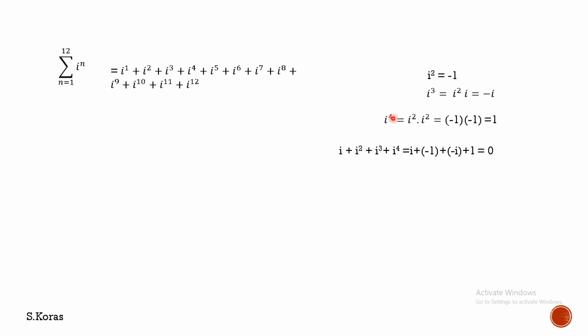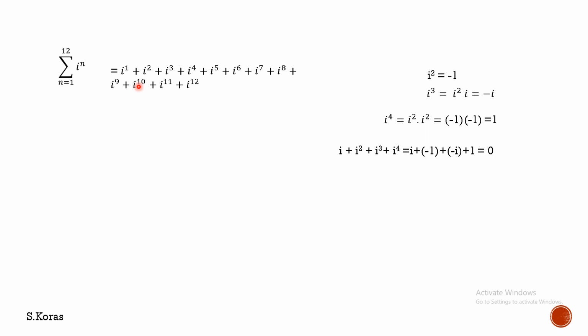I power 4 value is 1, so surely i power 8 value is also 1, because i power 8 is nothing but i power 4 the whole square, that is 1 square, which is equal to 1. Hence i power 10 becomes i power 8 into i square, but i power 8 value is 1, so it is 1 into i square. So it repeats.